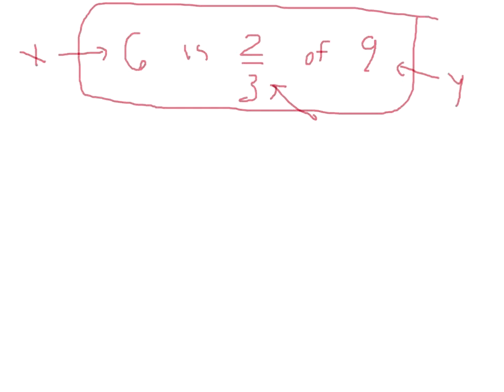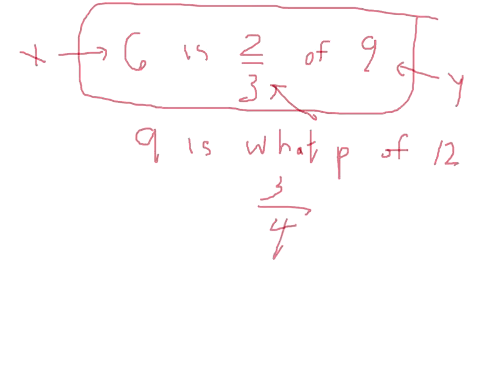I've noticed that in those kinds of word problems, kids just guess randomly. They often multiply, or they'll write an equation without understanding it. Suppose it said, 9 is what percent of 12, or what number is 3/4 of 12, so that would be a statement like x is 3/4 of 12.